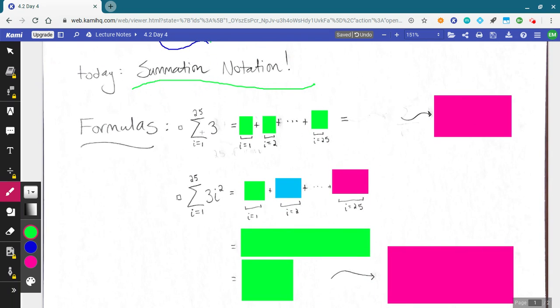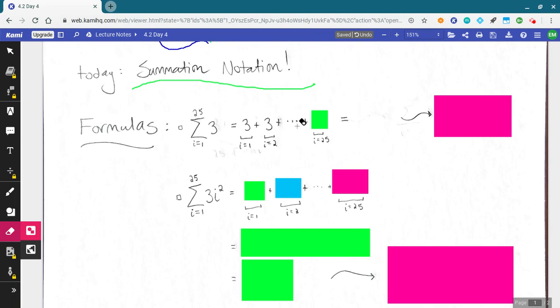So here we have the sum from i equals 1 to 25 of 3. And so the sum from i equals 1 to 25 is telling us that we're going to have 25 things added up, right? And this thing out to the right is telling us what's going to be in each term. So for i equals 1, we're going to have 3. For i equals 2, we're going to have 3.